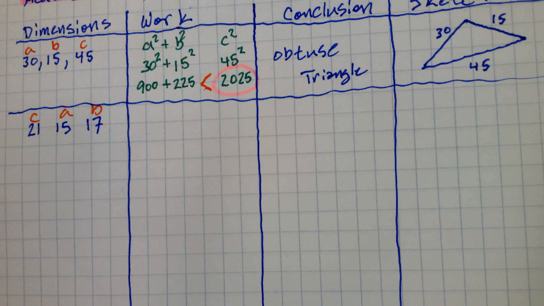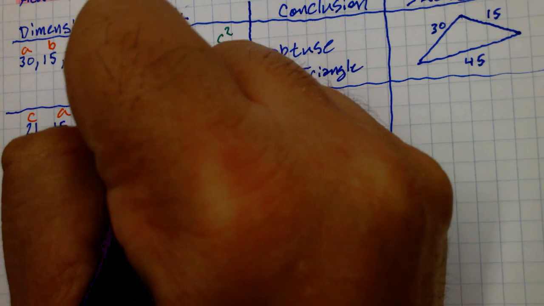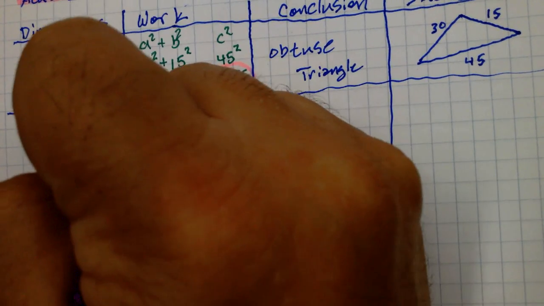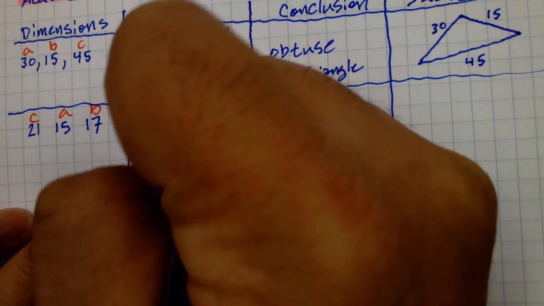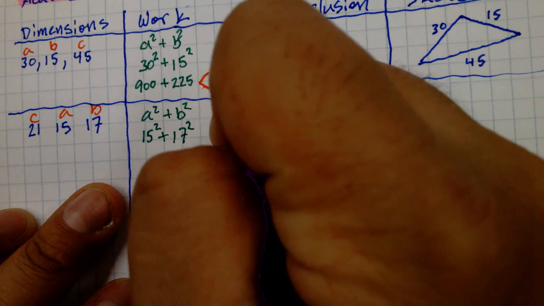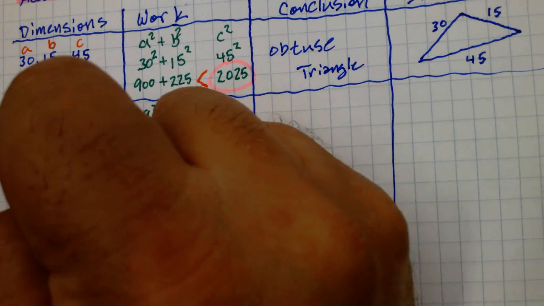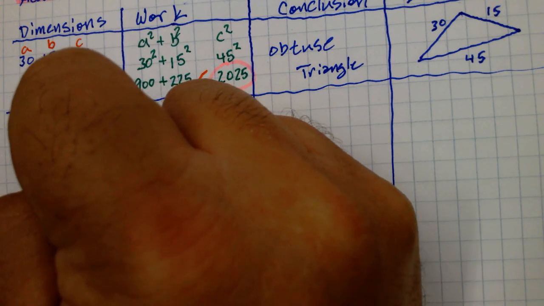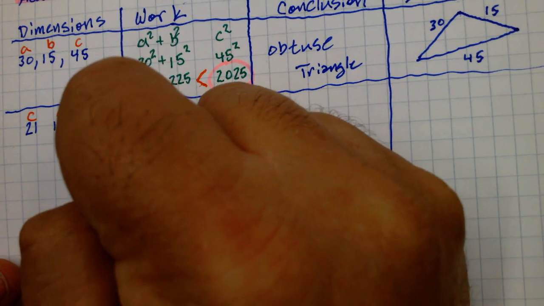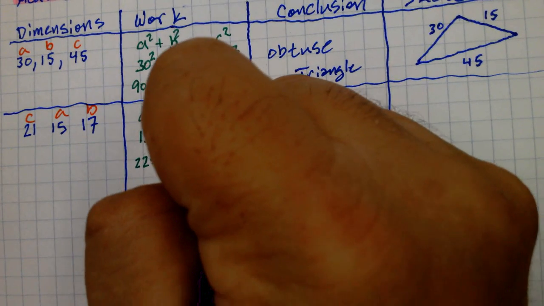And let's go back to A squared plus B squared and C squared. So we're going to do 15 squared plus 17 squared, and then 21 squared. So we got 225 and 289, and then 21 squared is 441.